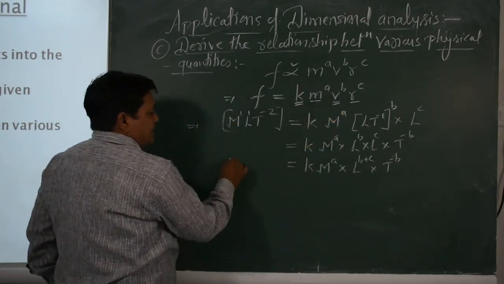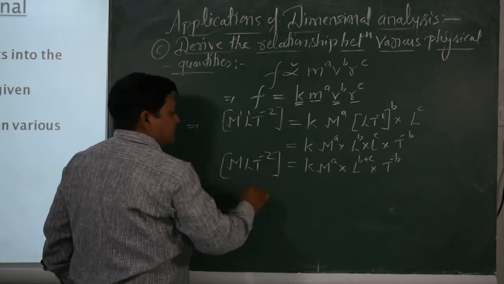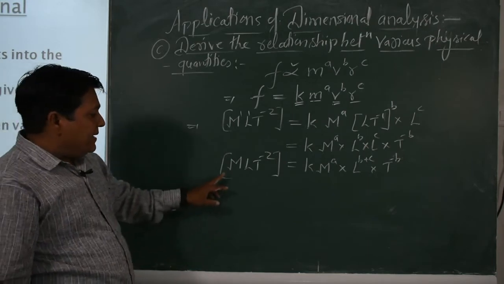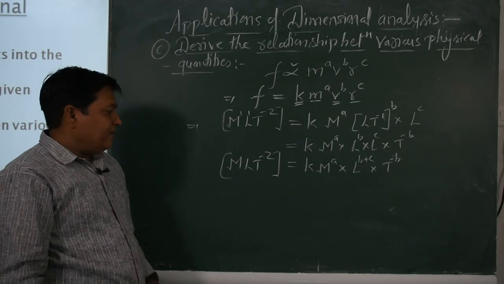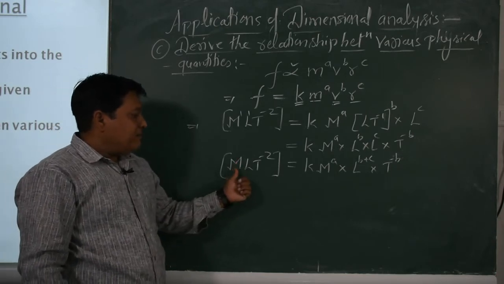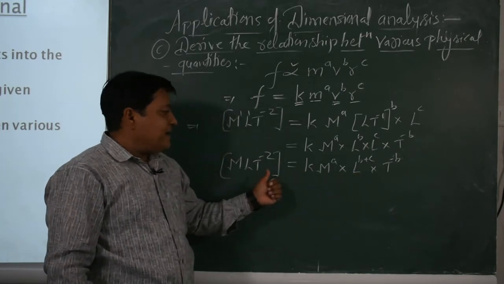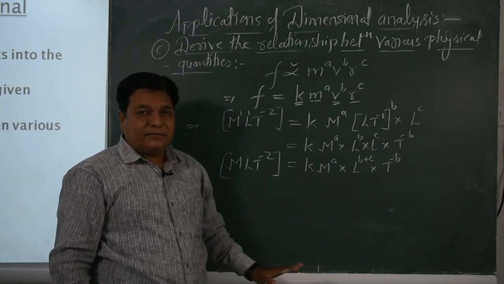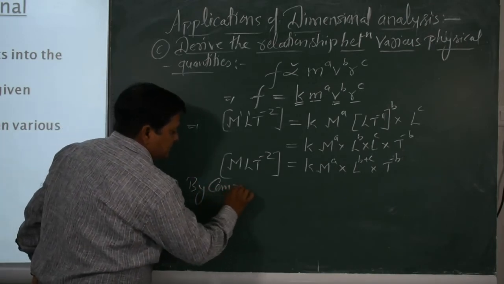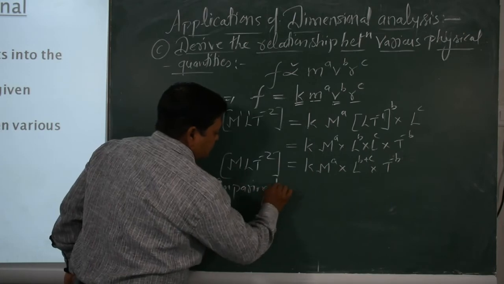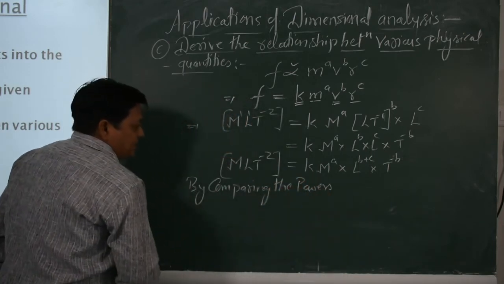Now, here we write this dimensional form M L T to the power minus 2. By comparing the powers of both sides, okay, of physical quantities, here mass to mass, length to length and time to time, we will compare their powers. Okay. By comparing the powers, what do we get?